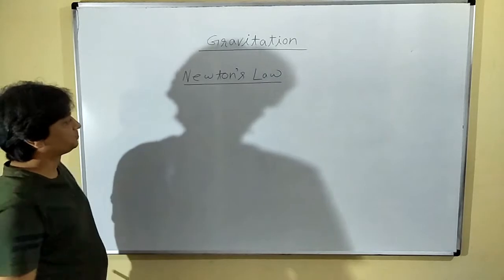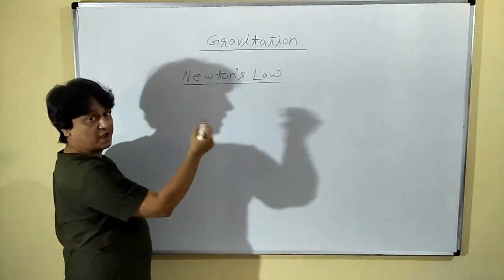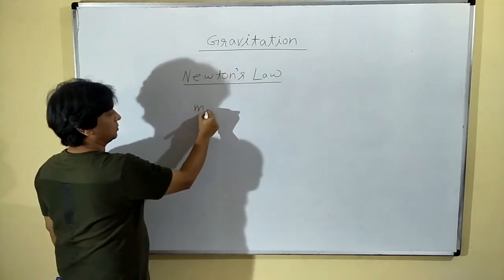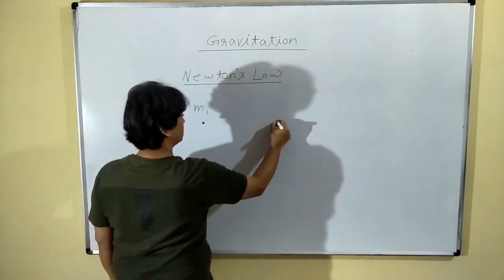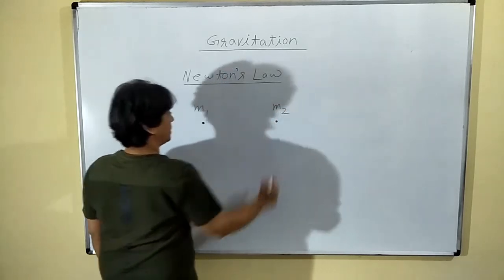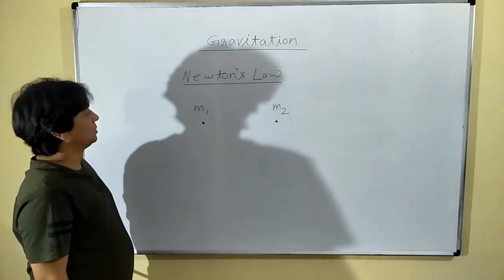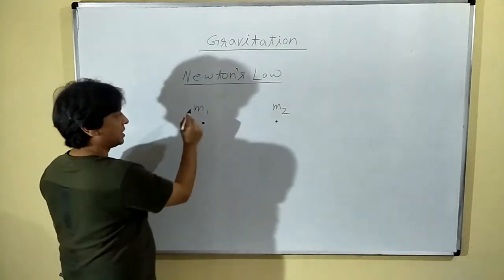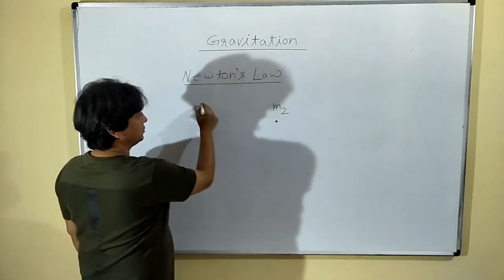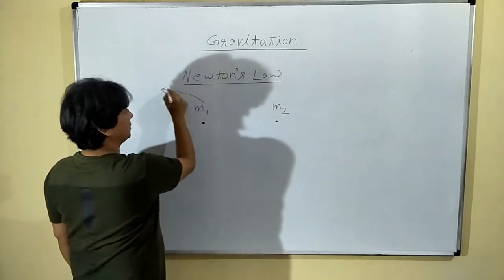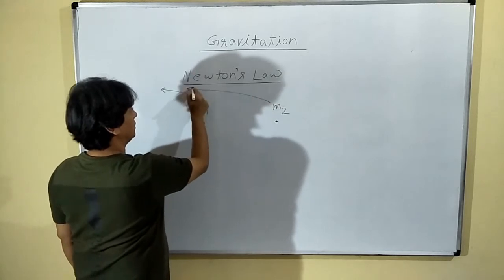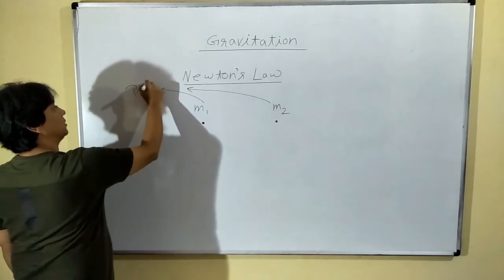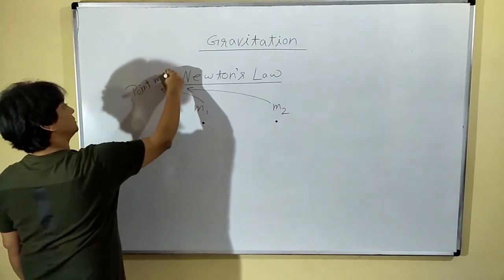What Newton says, if we have two point masses, m1 and m2. Look what I said, point masses, m1 and m2, these are point masses.